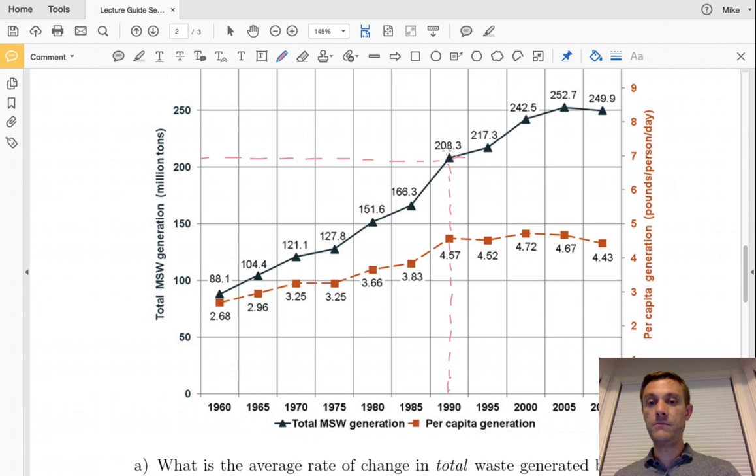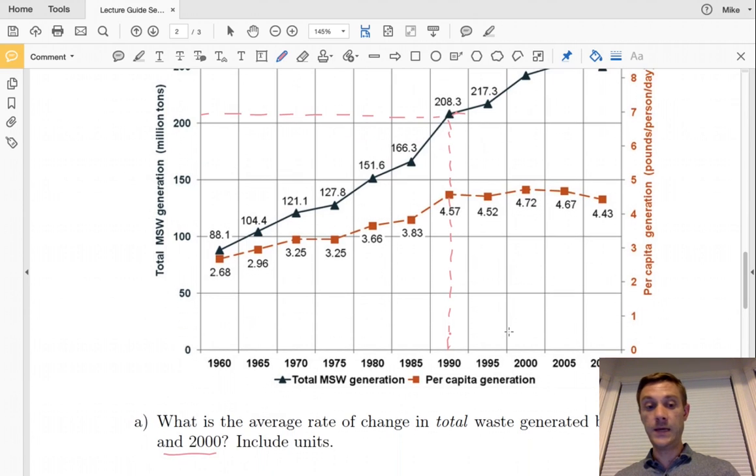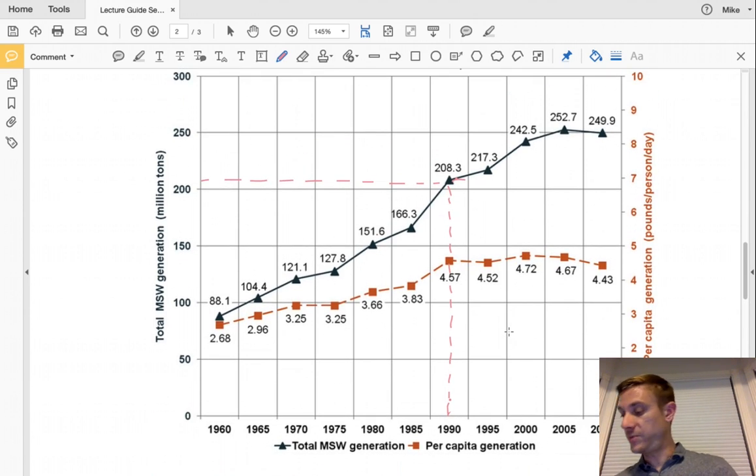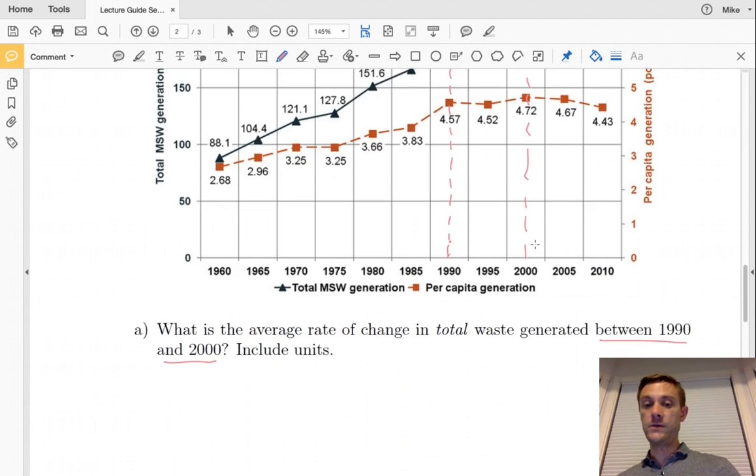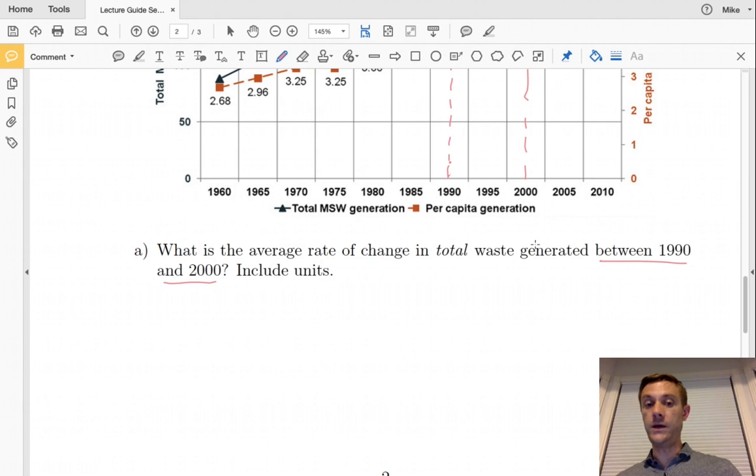So in 1990, 208.3, what is that, million tons of solid waste. Delicious. And then 2000 is our comparator year, so we're going up from 2000. Again, our height is something like that, but we're spared having to approximate from this picture because they give us a numerical value. So that's all interesting, but unless we actually knew how to compute this, knowing those 2 points is not really enough.